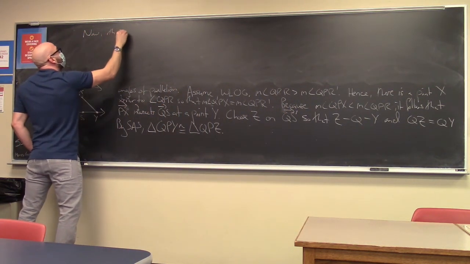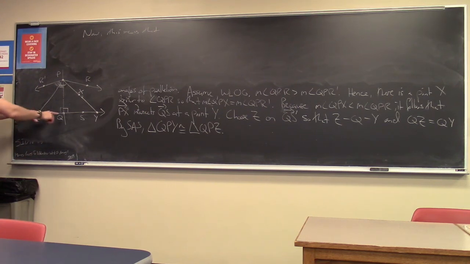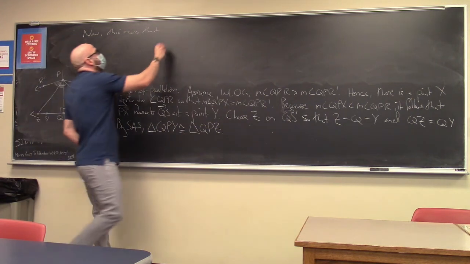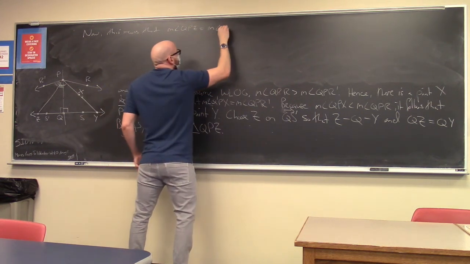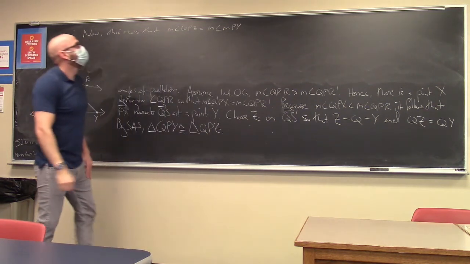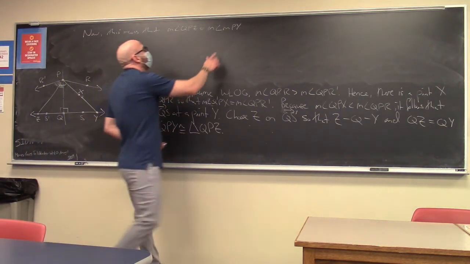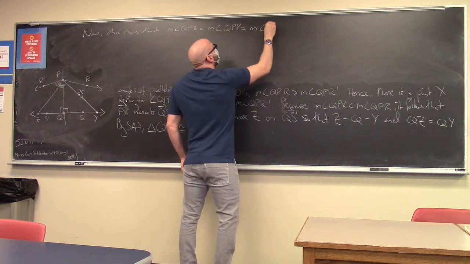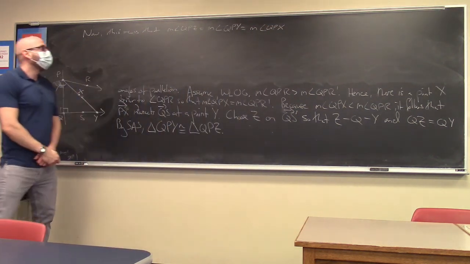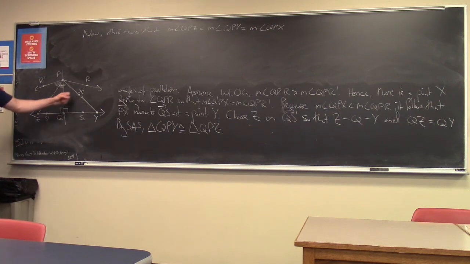So now, this means that the measure of angle QPZ is equal to the measure of angle QPY. But of course, QPY is the same ray as PX, so that's the same as the measure of angle QPX. And X was chosen so that this angle right here is the same as this angle right here.